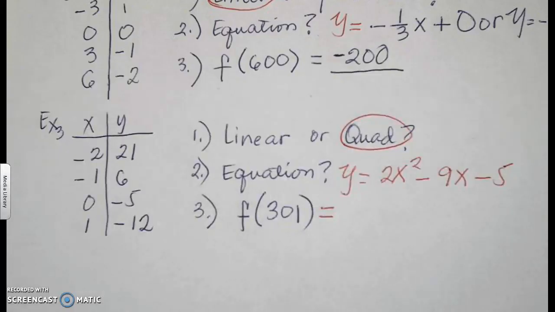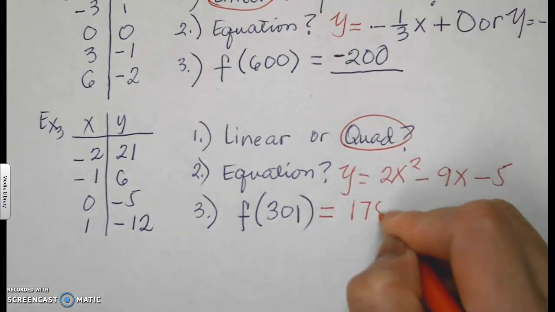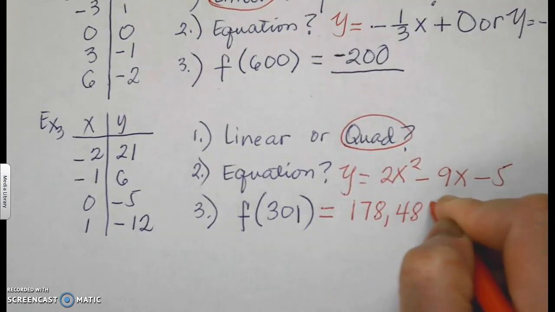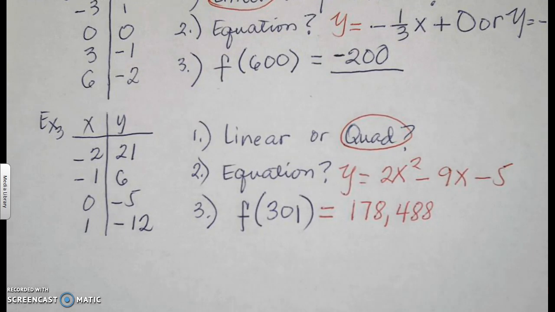So 178,488 is the y value when your x is 301.